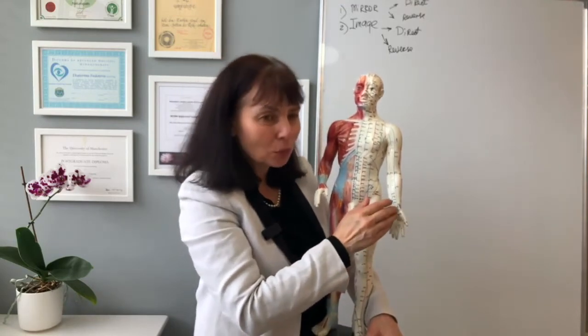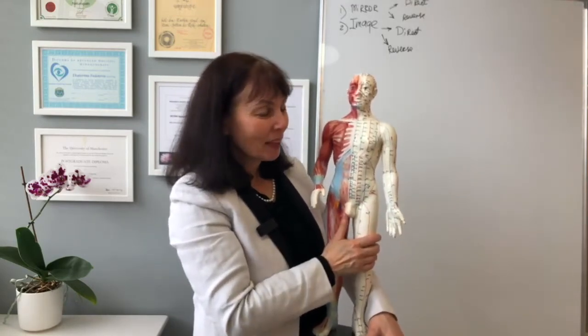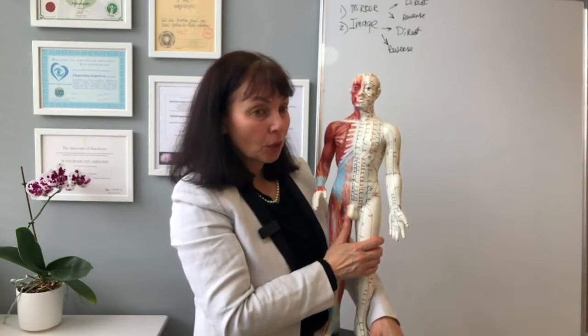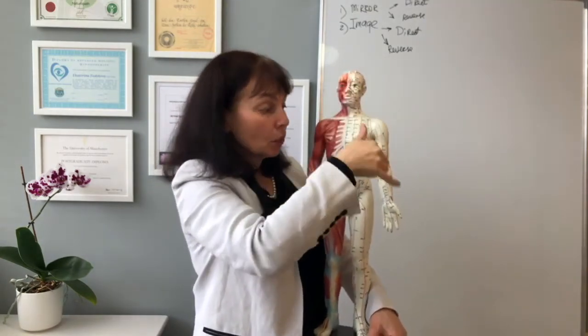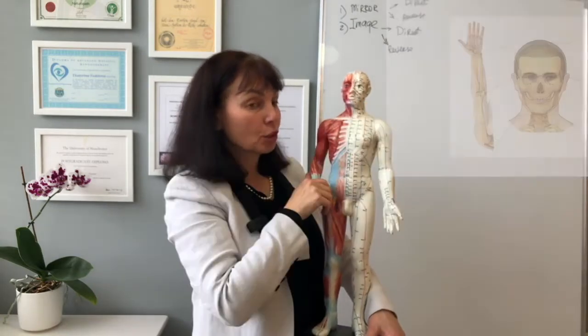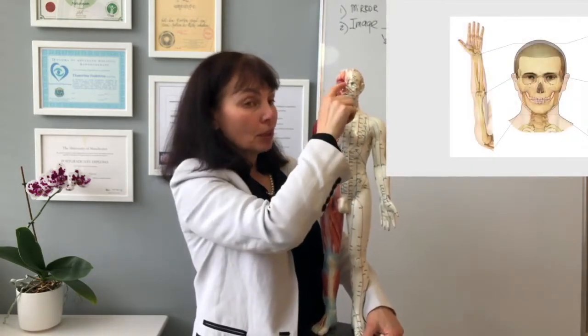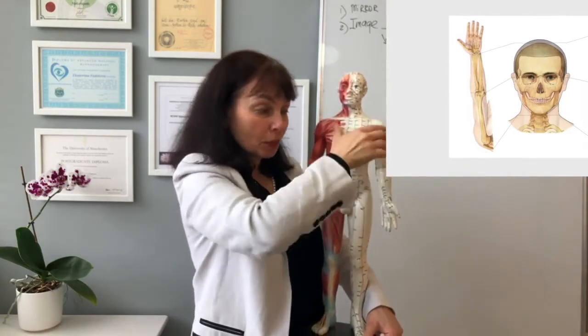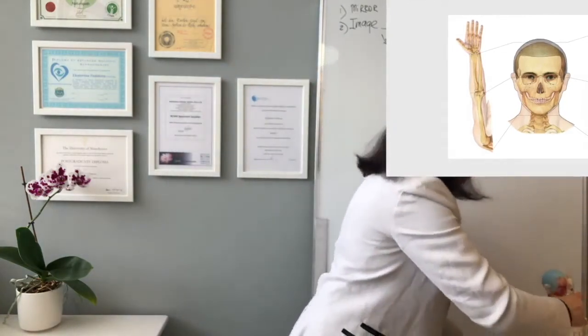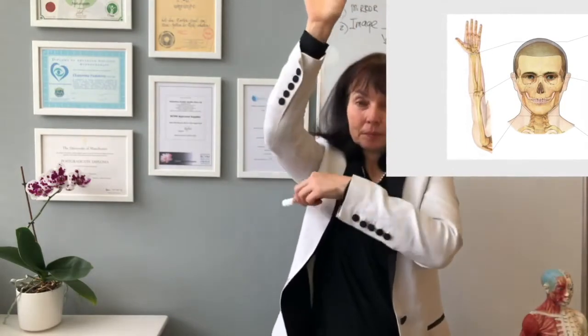It's much easier to palpate. So, if any disorders in the upper part of the head, we can reverse the arm. So, the upper part of the head will correspond to the lower part of the arm. This is the upper part.